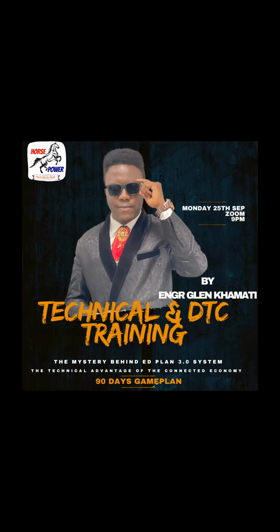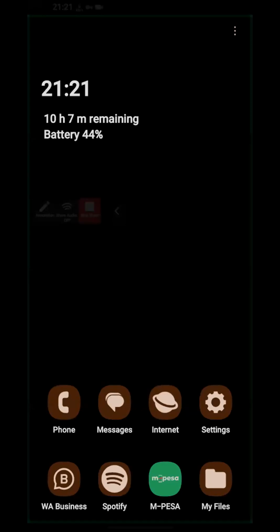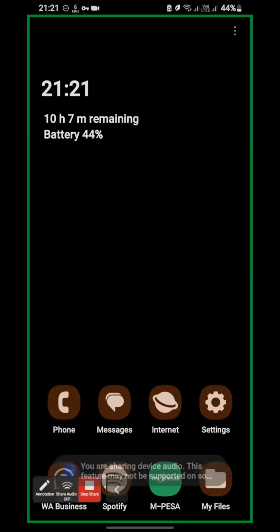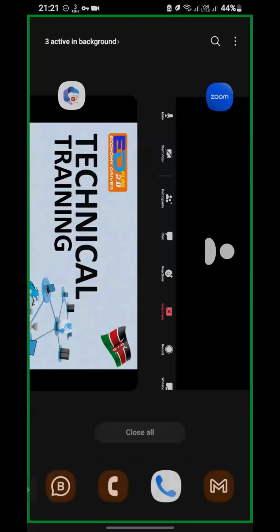So itakuwa much more simple. Sawa. So I'm sharing my screen right now. Okay. You are in a position to see my screen. Let me start with this.